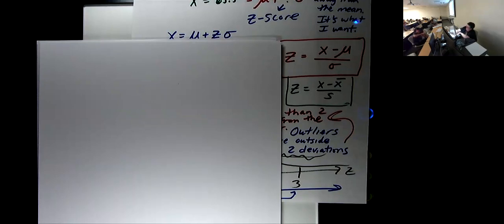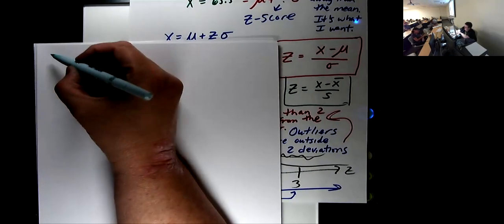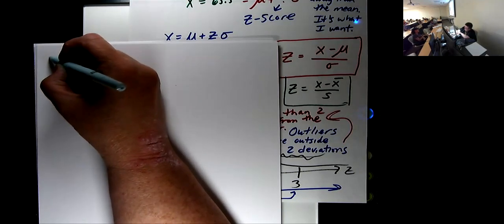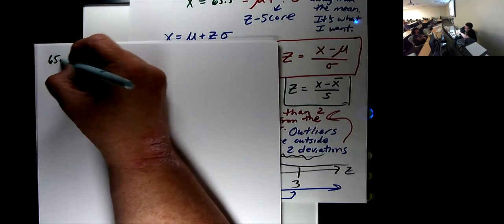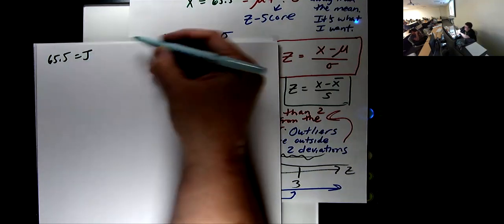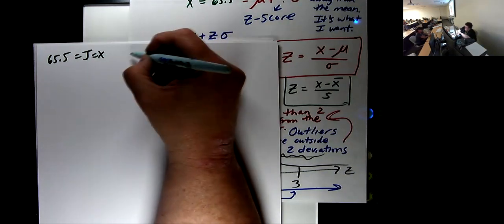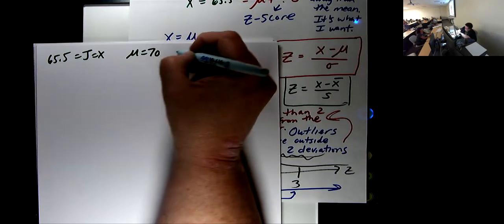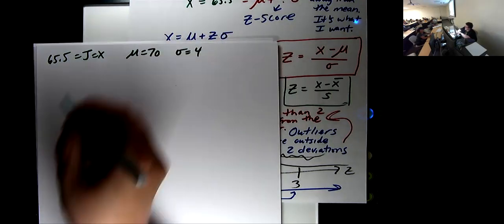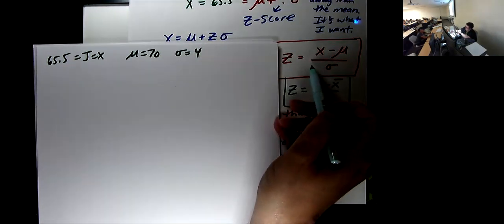Remember? All right. So Z-scores. Hefe, I had a good old 65.5. That was my score. That was my X. Recall that my mean was 70 and my standard deviation was 4. So I'm going to plug all this information into my Z formula.